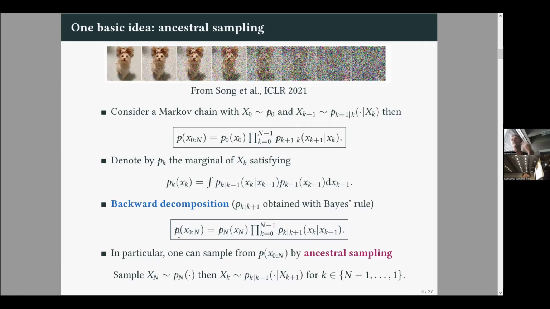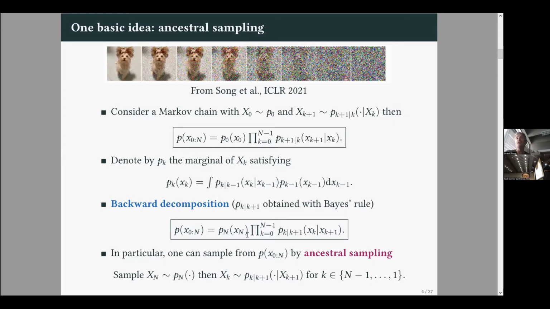This backward decomposition tells you that to sample from the joint distribution of the Markov chain, you could alternatively sample first the state xn at time n, and then recurse backward according to the transition kernel that takes you from time k plus 1 to time k. So you have either the forward view or the backward view of the Markov chain.